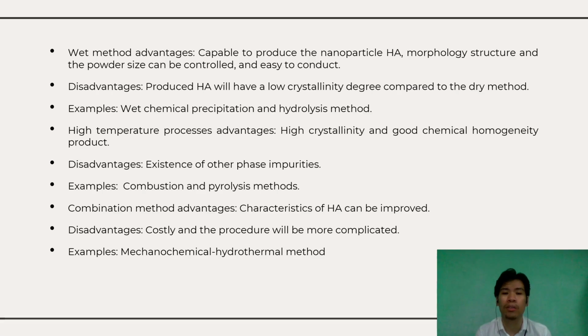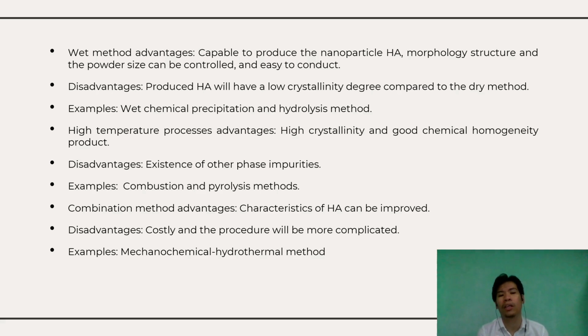However, there are also disadvantages, which is that the produced HA will have a low crystallinity degree compared to the dry method. Examples of wet method are wet chemical precipitation and hydrolysis method.